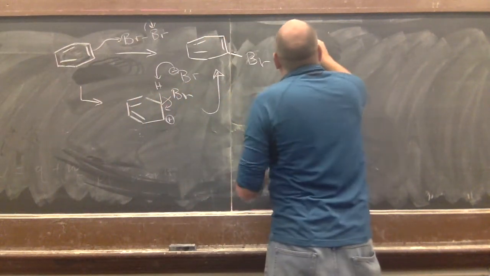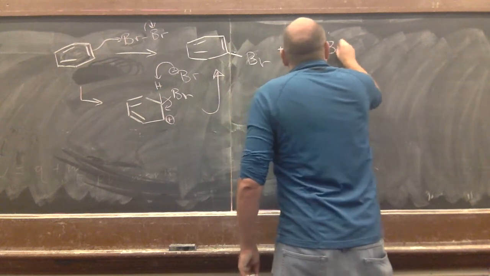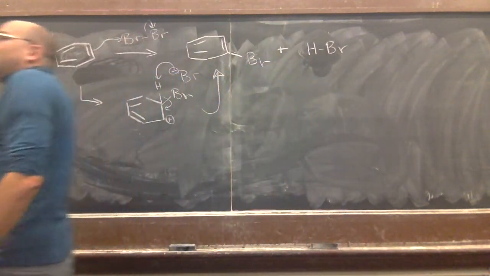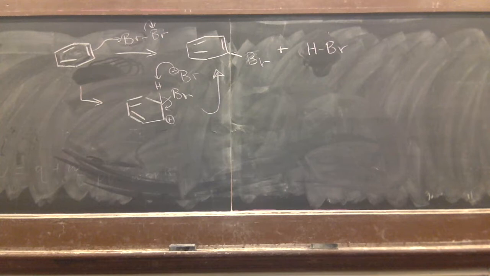So there are two points to make about this. The first is, why do you think the bromine would not add 1,2? Why would the bromine eliminate?